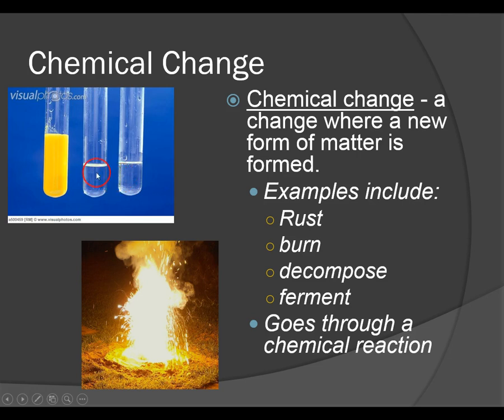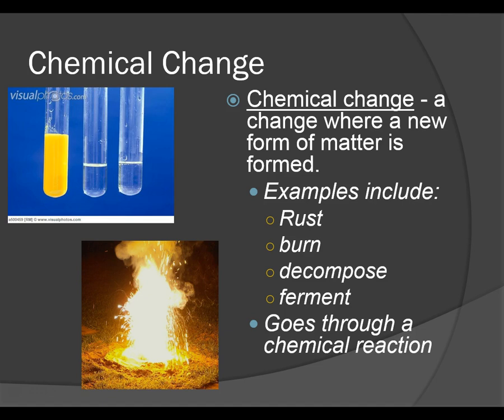How do we get from here to here? What happened that caused that to happen? That's where we're going to look at what happens down at the particle level, the rearranging of the atoms. And because we changed the rearrangement, we're actually going to change how the compounds behave.